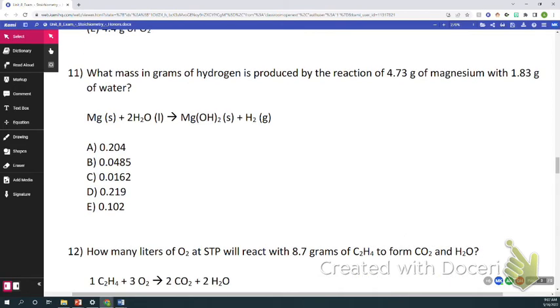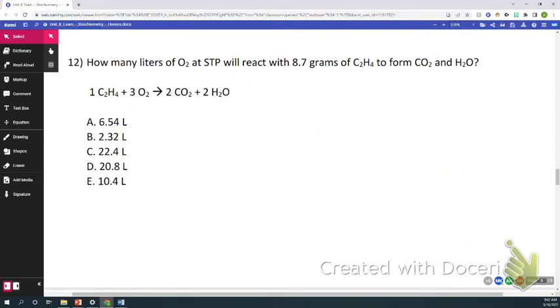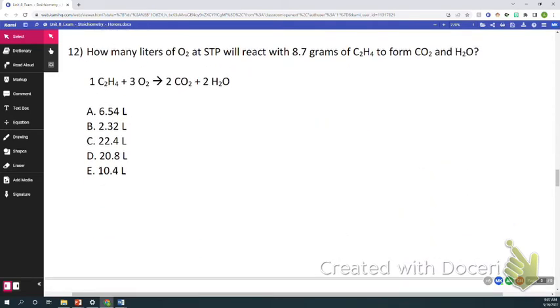Okay, I want you to just try number 11 on your own. If you need, I can do it. Let's look at number 12 really quick. How many liters of O2 will react with 8.7 grams of this?